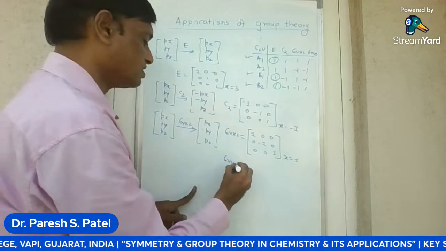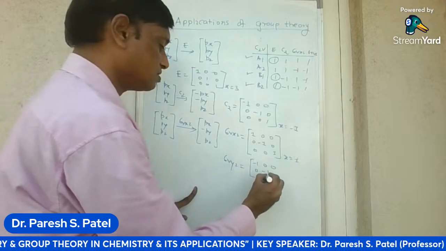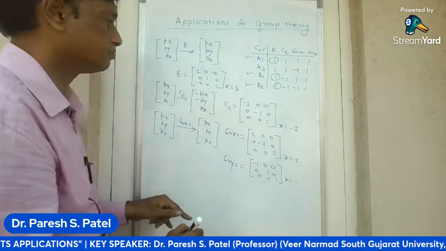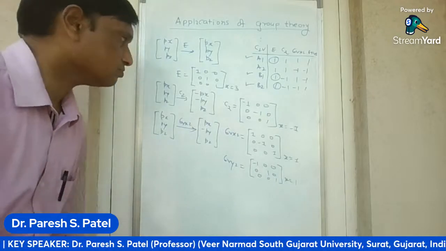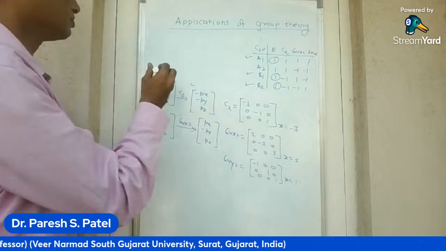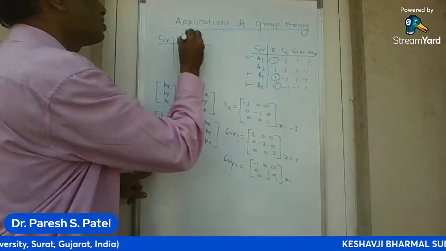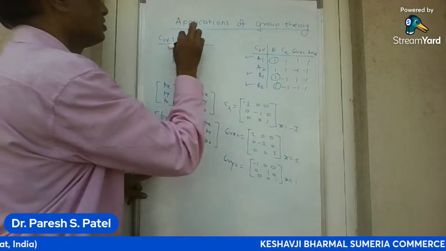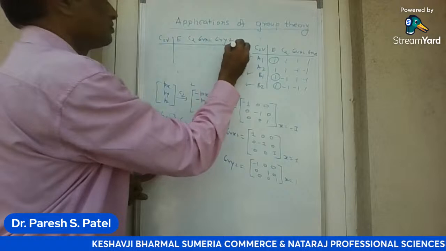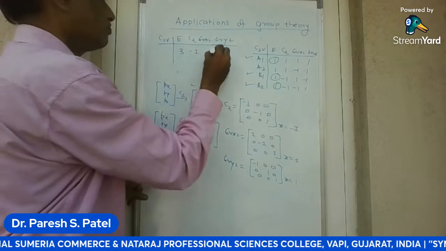Similarly, for sigma yz: minus 1, 0, 0, 0, 1, 0, 0, 0, 1. The character is equal to 1. So after all, for C2v: E, C2, sigma v xz, sigma v yz, the three-dimensional representation has characters 3, minus 1, 1, and 1.